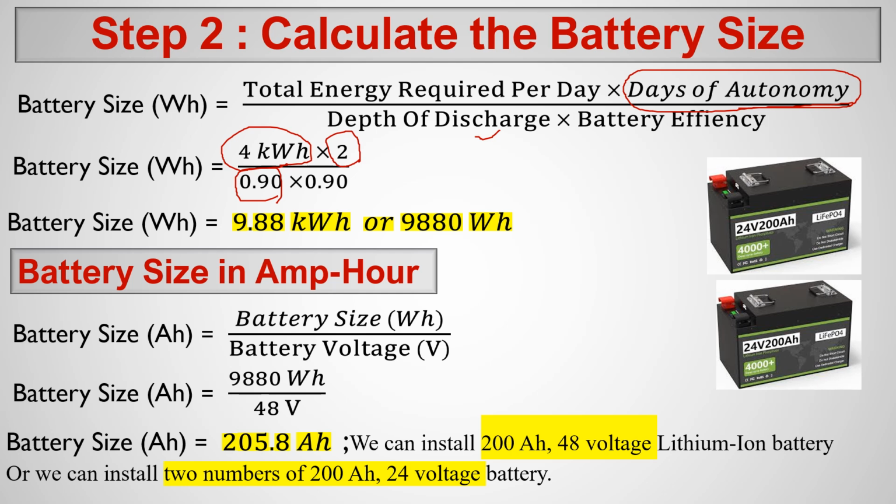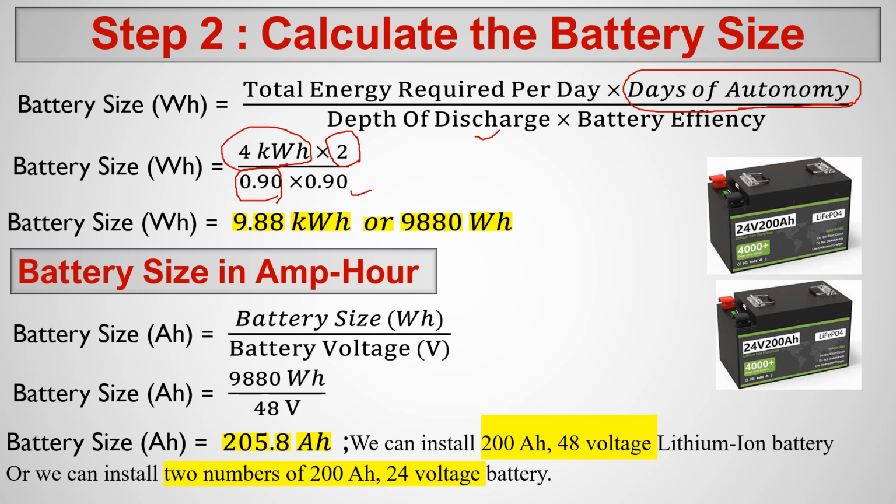For a lead acid battery, the depth of discharge is very low, about 0.5. We are taking a lithium ion battery, which is the advanced battery, so it's 90%. The battery efficiency we can also put at 90%, because we are taking advanced lithium ion batteries.